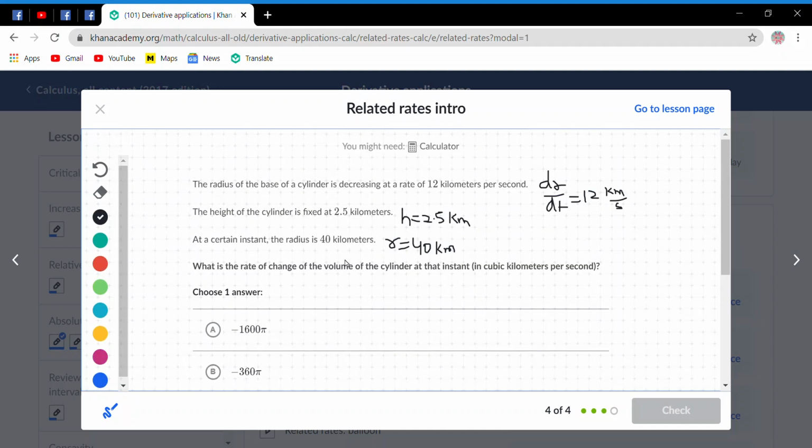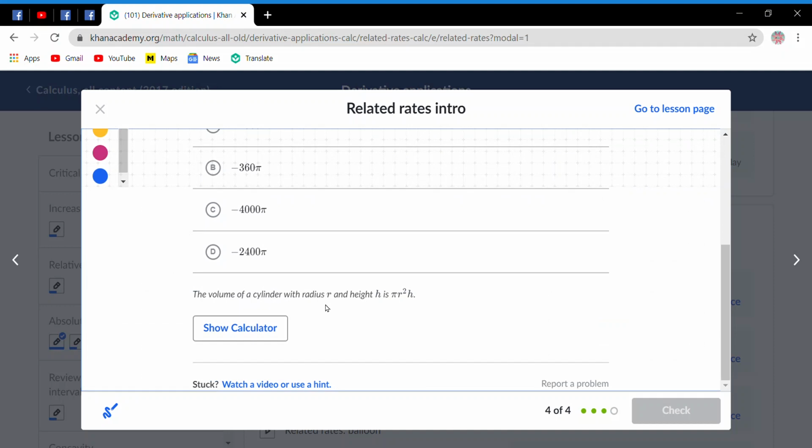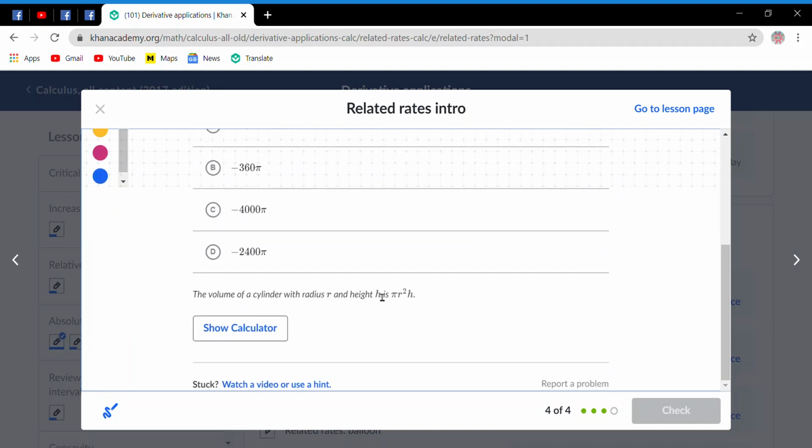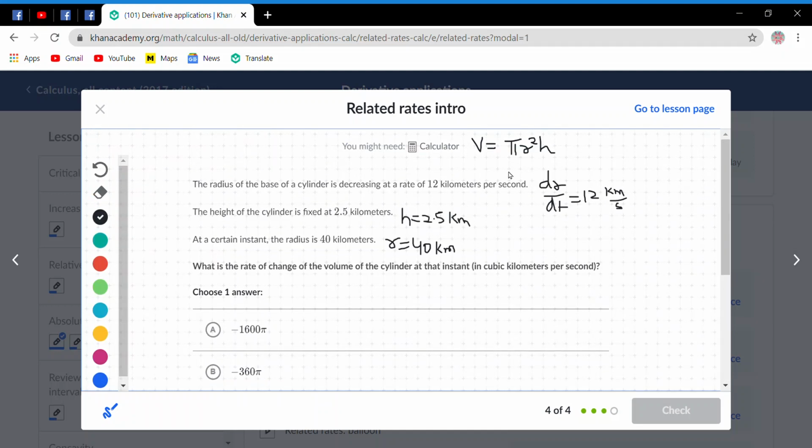So first the volume: V is equal to pi r squared h. So we know h is equal to 2.5 kilometers.